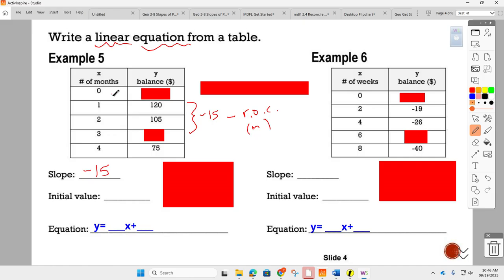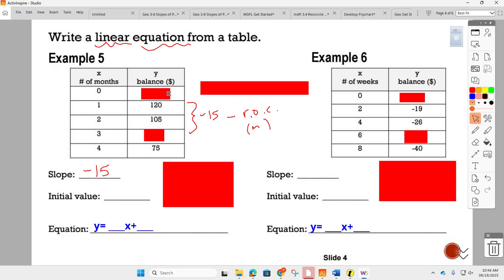That's the very first day that we're talking about. So here, how do we figure out what that balance is? From 120 to 105, we went down 15. What if we reverse it? We're going to say 105, how did we get to 120? Plus 15. So what would the beginning balance be? Yeah, 120 plus 15.